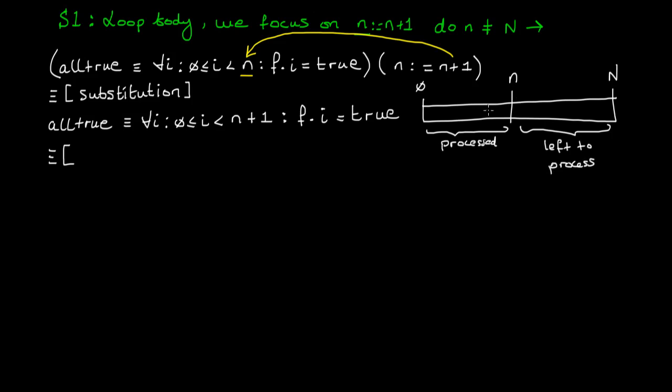So what we're saying here is to separate this statement out into what we've previously processed and what we've got left to process, and in particular, focus in on this element here, the one that we're currently processing. To do that, we use a special rule called the split off rule, because it allows us to split off what we've previously processed and focus in on what we're currently processing. So we're splitting off everything up to I equal to n.